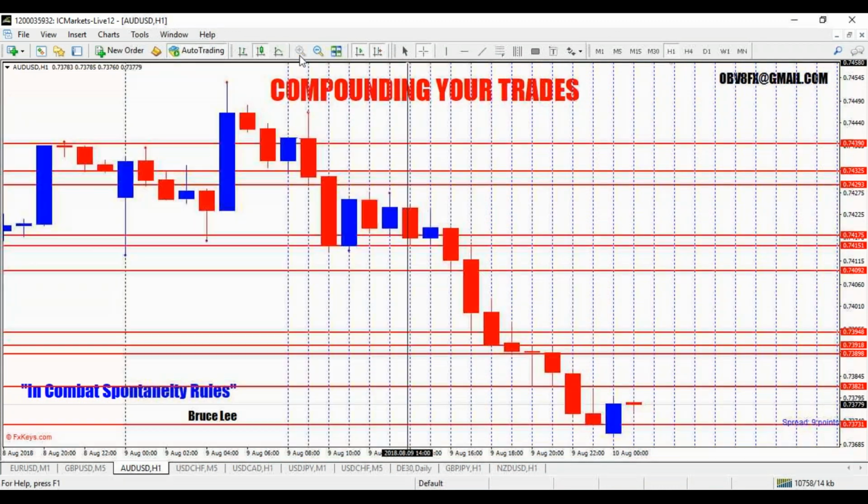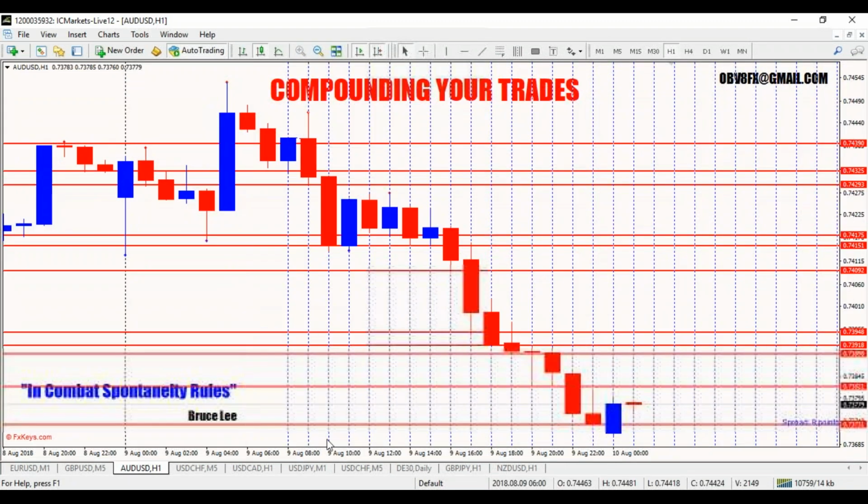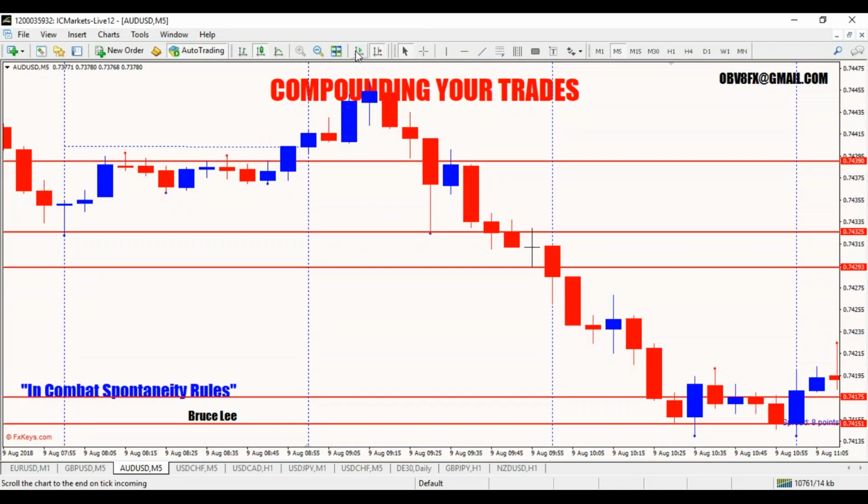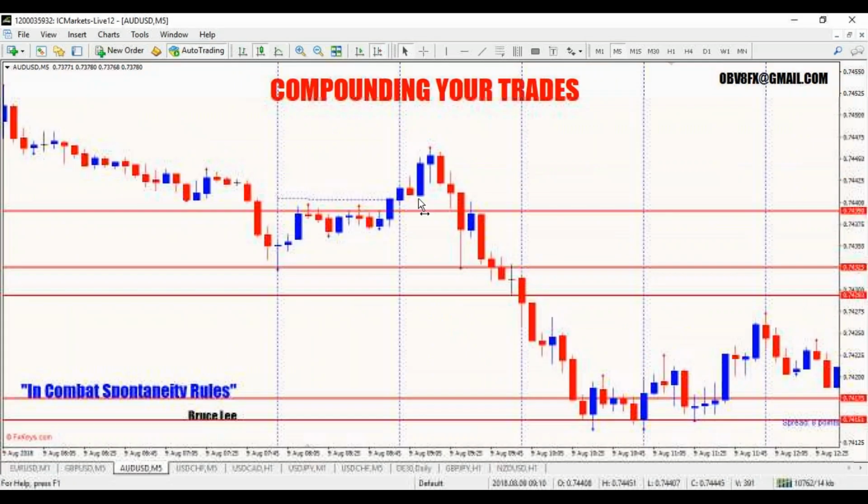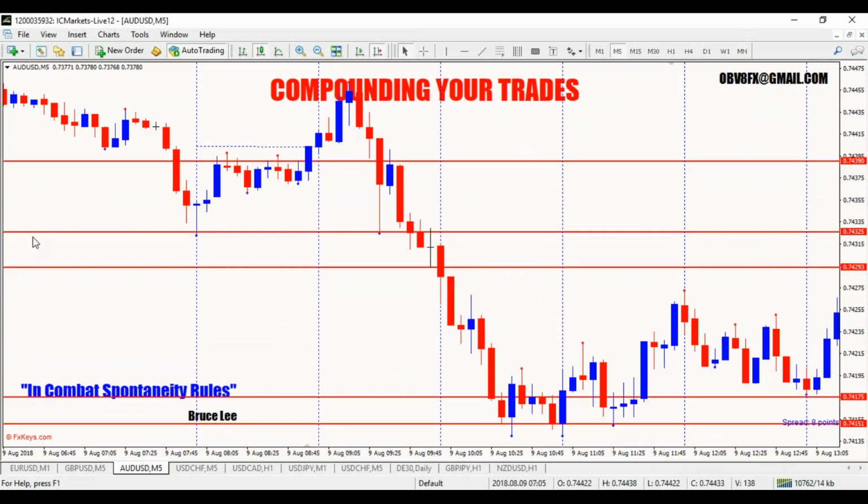Okay. Let's now go down into a lower time frame and identify how we would have traded it on a continuation or compounding basis. Okay, so this would be our first signal or pointer.